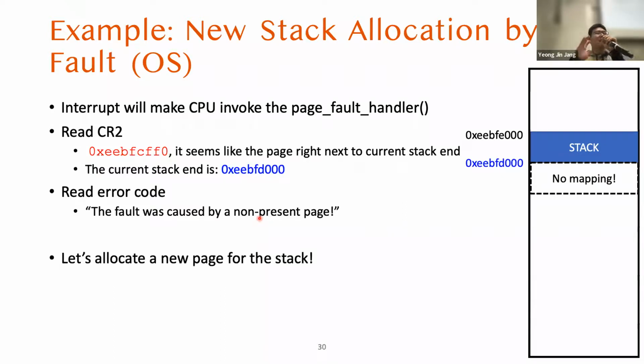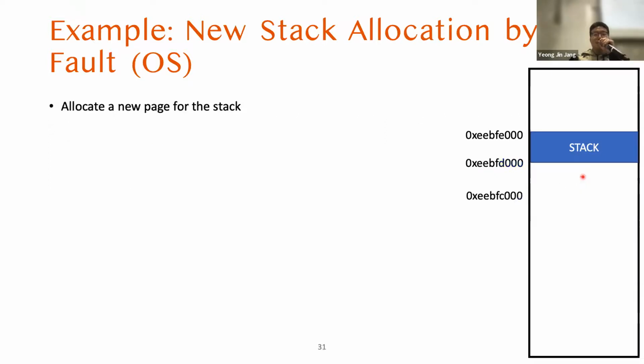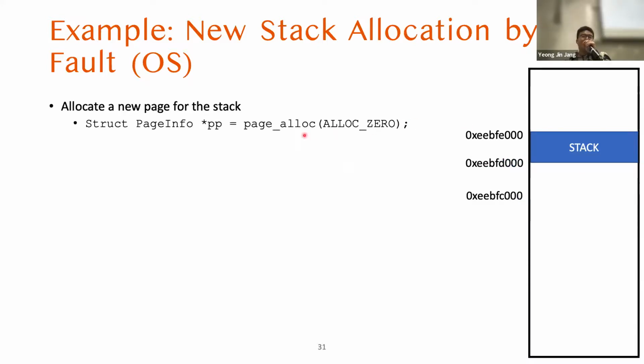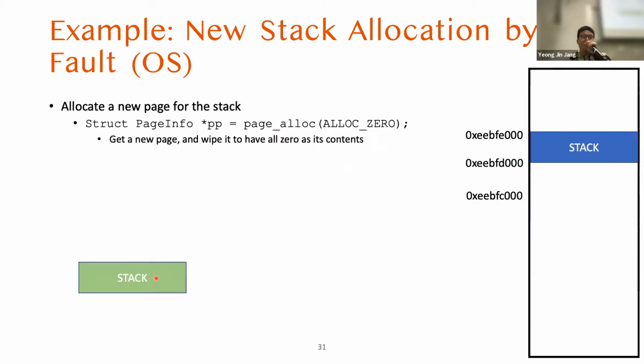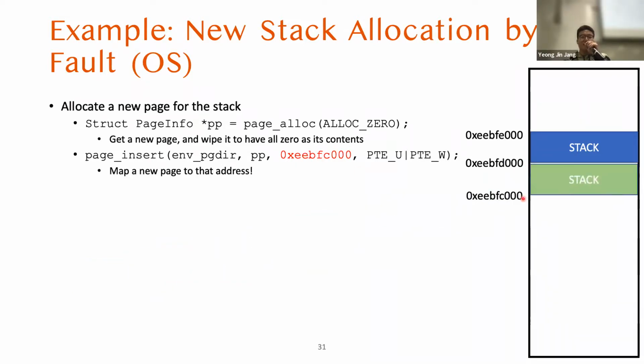Then the operating system can reason that the application wants more stack, so we can allocate that for the application. So how can we continue to execute? Internally, we can get a new page, using the same terms as in lab 2. You can get a page, get a new page for the stack, and then run page insert on this page and put that in.